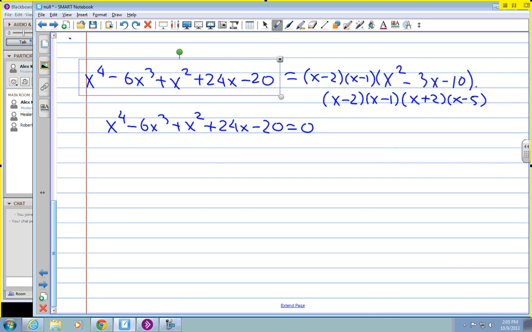So what are the solutions to this equation then all of a sudden? Can you tell me the solutions to this big ugly equation? X equals 2, x equals 1, x equals negative 2, and x equals 5. Right?